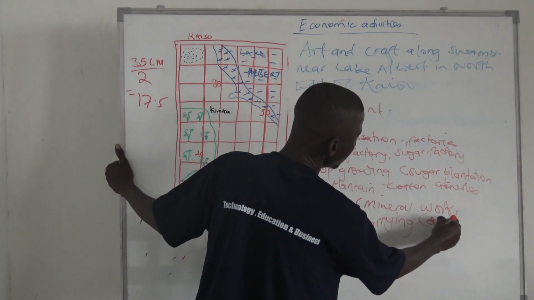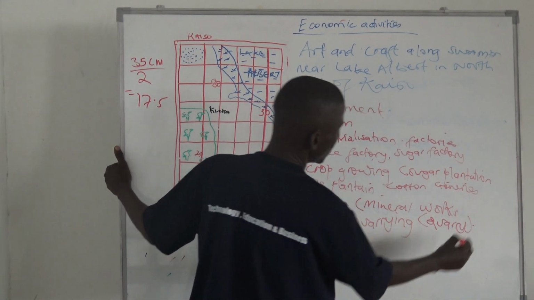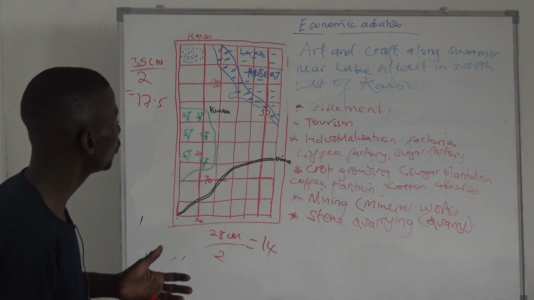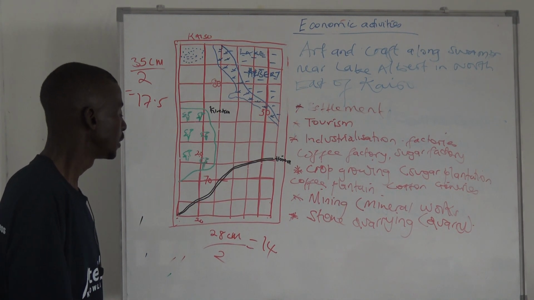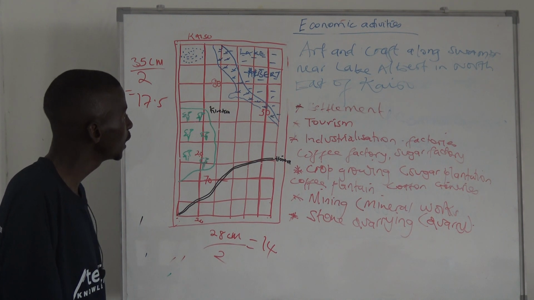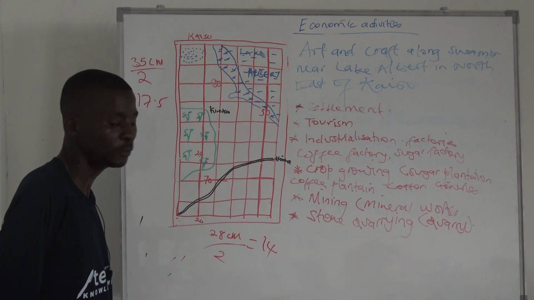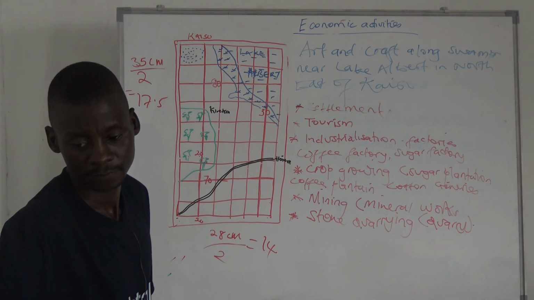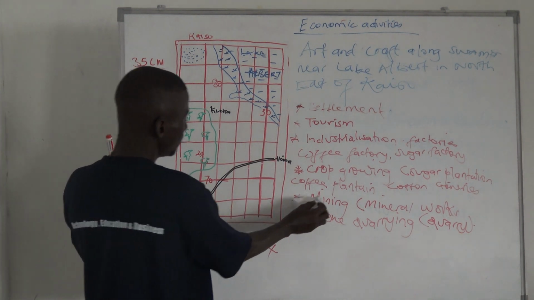If there is a quarry in the map, then you will be able to tell that there is stone quarrying. So briefly, be able to note the above economic activities. I believe we are together.